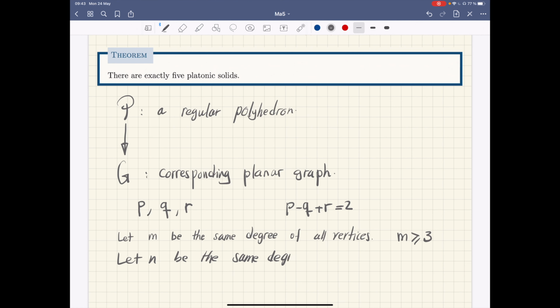So let n be the same degree of all regions. Again, can you see any limitation for n? n cannot be smaller than which number? What is the minimum value for n? It's also 3, yes.